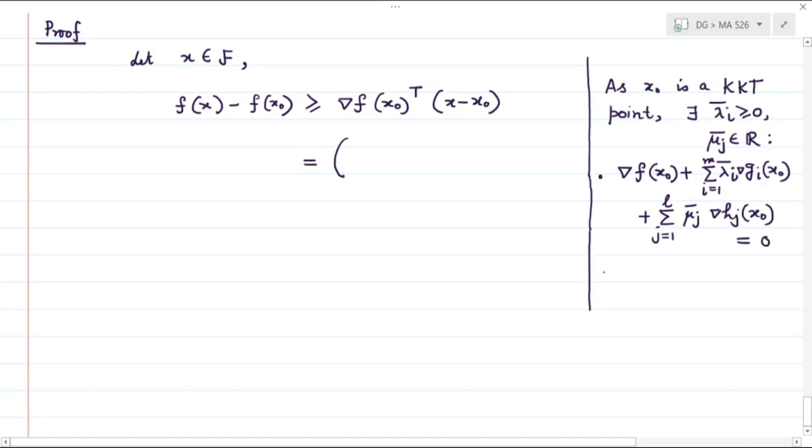Together with this stationarity, you also have λ_i g_i(x0) equal to 0 for all i. Fine. And here let us plug in this grad f value.